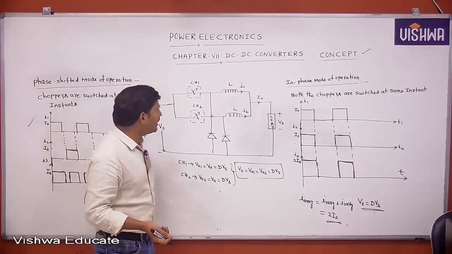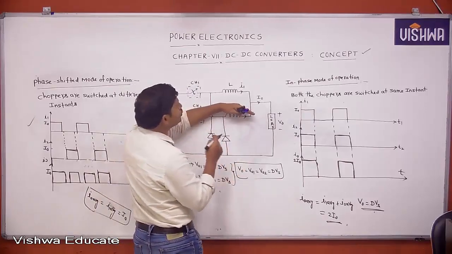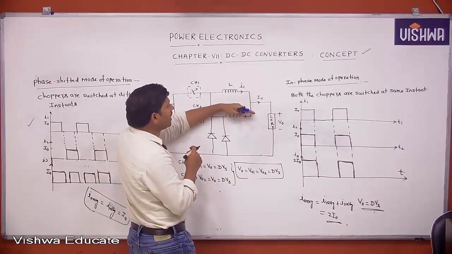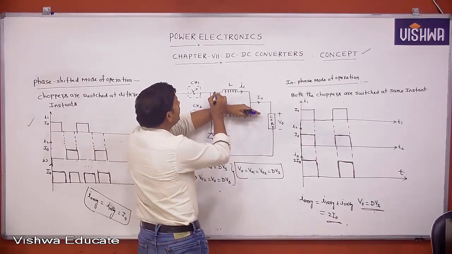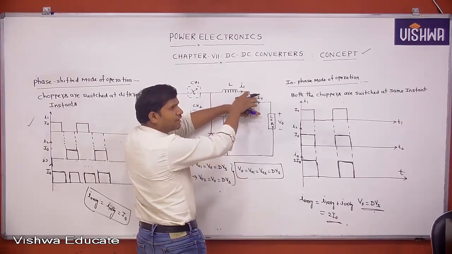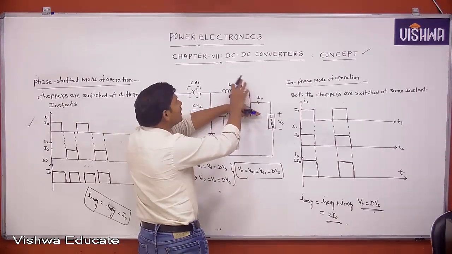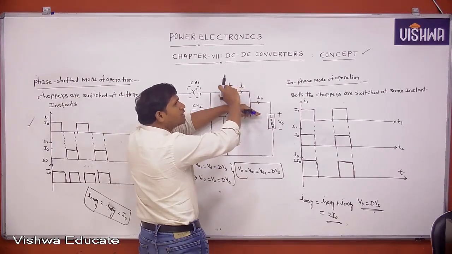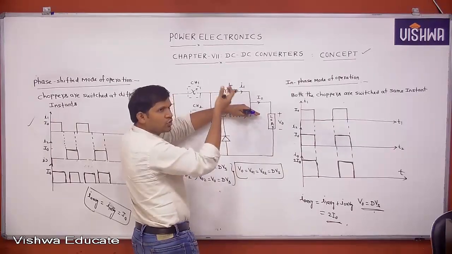The second advantage is, for example, if only one chopper is used instead of a multi-phase chopper and there are large currents, then to reduce the ripples in the large load currents we would use a large inductor. If you use a large inductor, the filter requirement is also more.